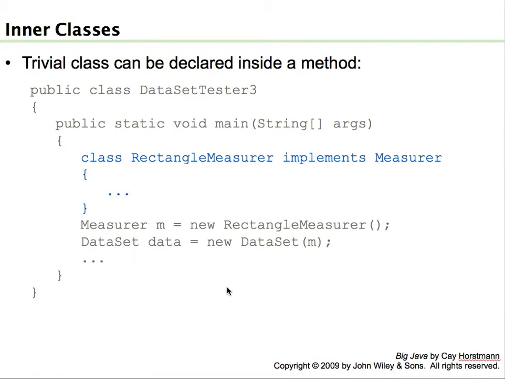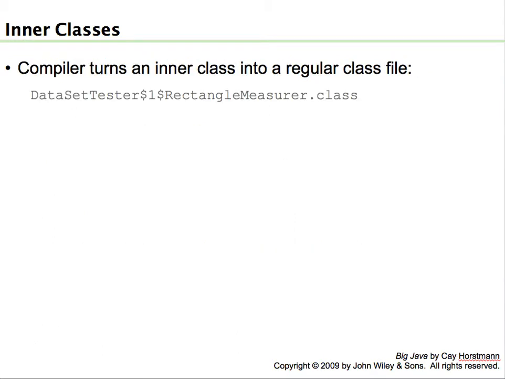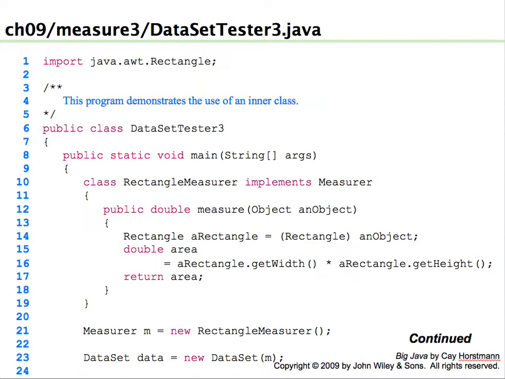We follow that a lot in the graphical user interface, as you will see. So here is another example of declaring a class inside a class. The difference is, if you declare a class inside a class, it's available to all the methods of that class. When you look at the build files that come with an inner class, it will look something like that, referring to the class.